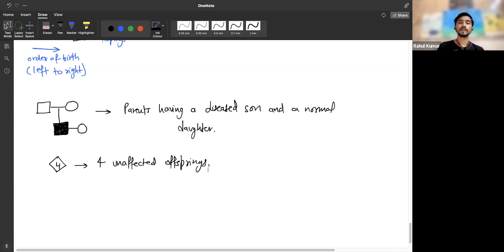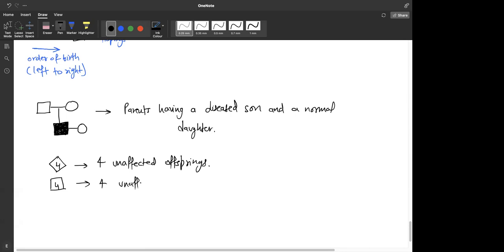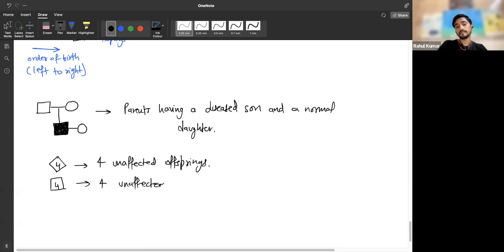So this means 4 unaffected, unidentified offspring. And if the same is done like this, and it is written 4, then what does this mean? 4 unaffected males, right? And if it is this and 4 is written, then same: 4 unaffected females. Is it clear?